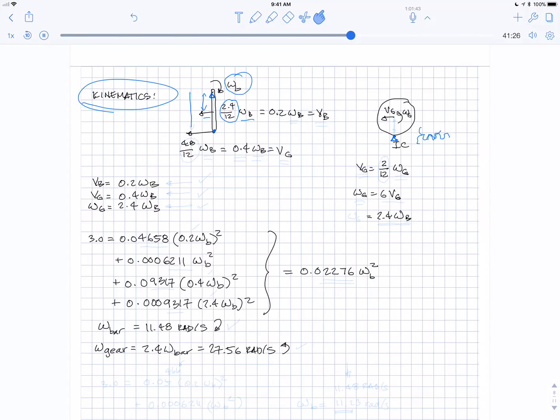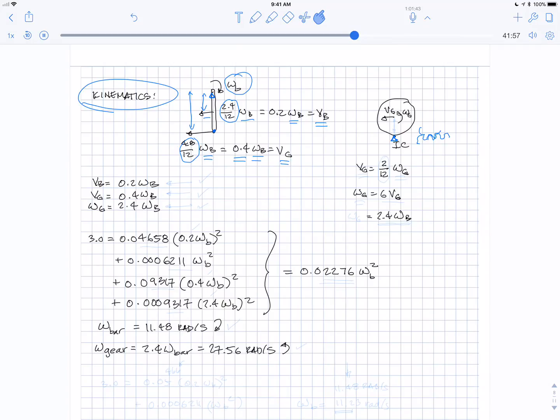And this distance here is the length of the bar, which is 4.8 inches, again turning into feet, divided by 12, times omega of the bar. So that comes out to nicely 0.4 omega bar. It's nice that he made the bar 4.8 inches long because that turns out to 0.4 feet because we're doing everything in feet. Okay, so we got rid of the velocity of the bar in terms of omega of the bar and the velocity of the gear in terms of omega of the bar.